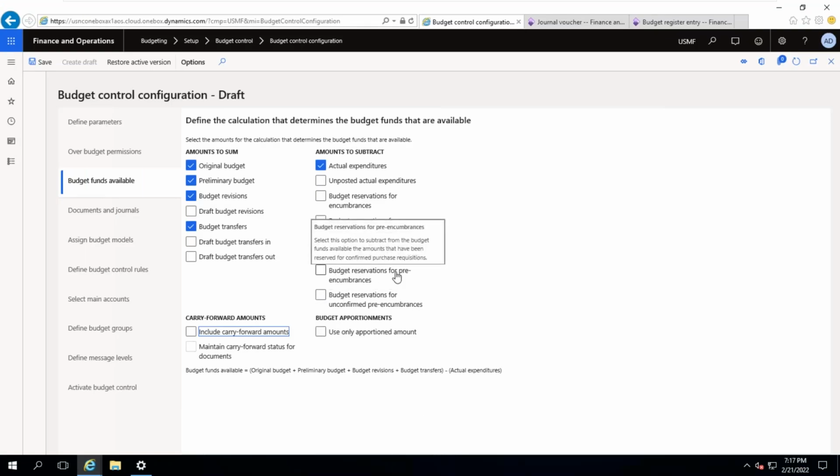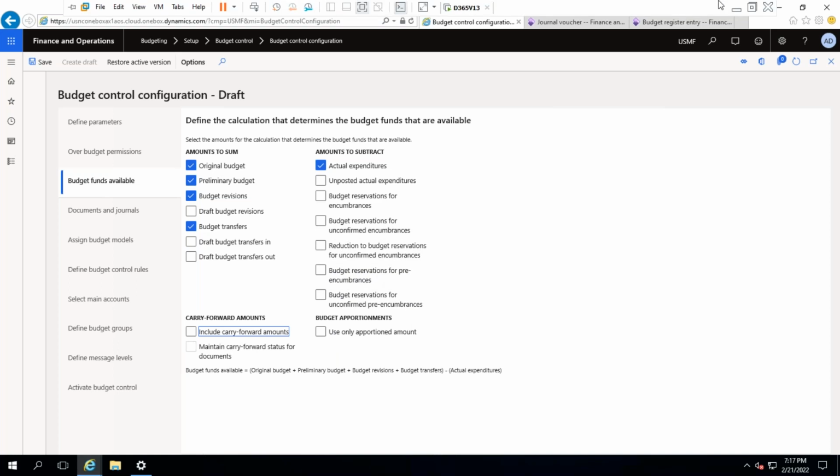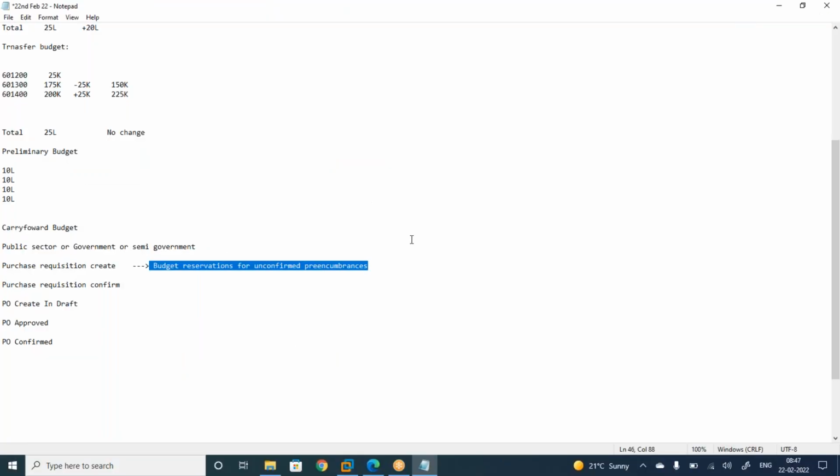Next one is budget reservations for pre-encumbrances. At the time of purchase requisition confirmation, it will validate the budget funds. That is budget reservations for pre-encumbrance.